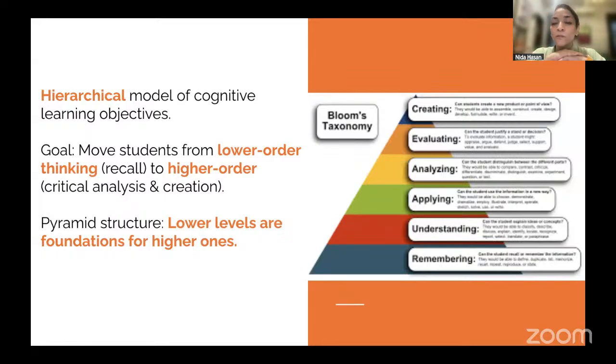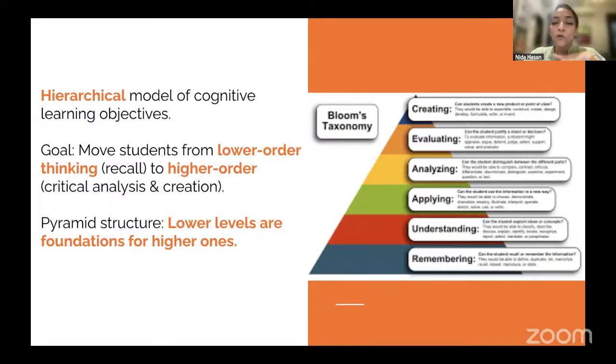From the bottom, when we are working with students, the first thing we would want them to do is remember something. Whatever we are teaching, our first objective is that they should remember what we're talking about, followed by an understanding of what the concept is, later applying the concept, then moving on to analyzing, evaluating, and then using that concept to create something new.